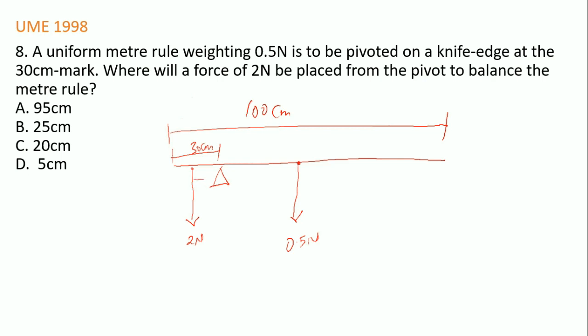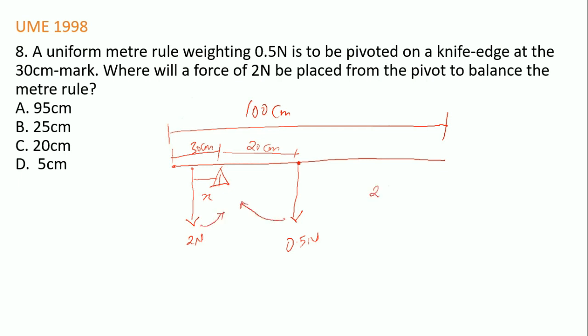So let's say the force 2 Newton is at a distance x from here. And from the way this question is turning out, I think this 30 centimeter is just trivial to this question. So since this is acting at the center, from here to here is 50 centimeter, that implies from here to here is 20 centimeters. So this guy is going to be clockwise, this guy is going to be anti-clockwise.